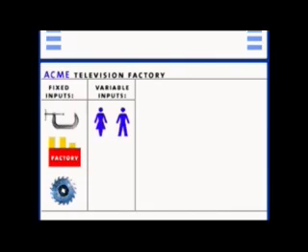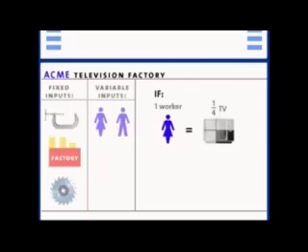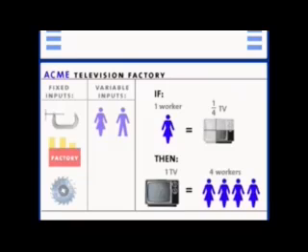If one worker can assemble 1/4 of a television in a day, then how many workers will it take to make a whole television? The answer is, it will take 4 workers. 4 workers, each assembling 1/4 of a television, will produce for us a whole television. Now notice the point that I'm making.